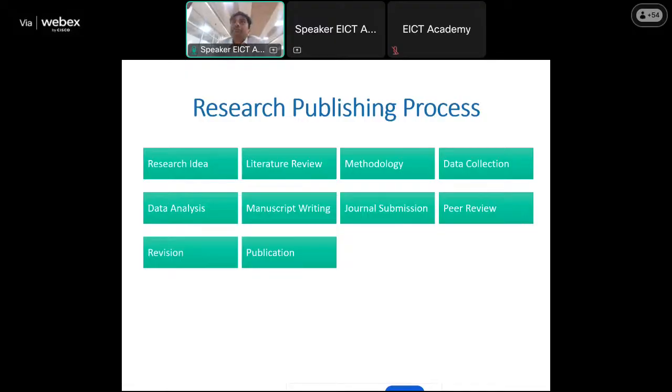Then after having all this, you can start manuscript writing. At the same time you need to identify a journal, what is the possible journal where you want to submit it. Then it will go to a peer review process. After the peer review, you will get a decision.